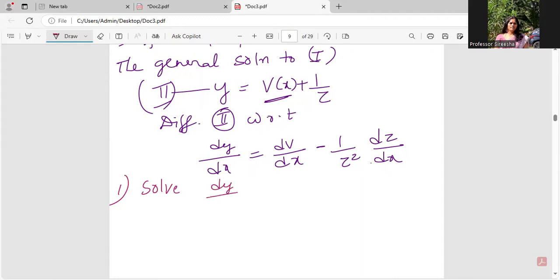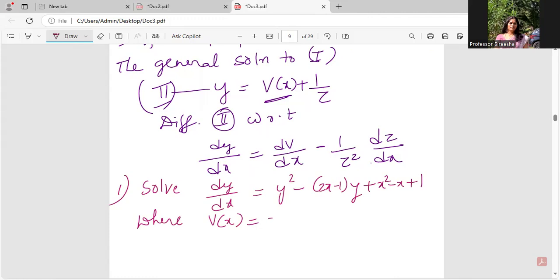Solve dy by dx is equal to y squared minus (2x minus 1) into y plus x squared minus x plus 1, where v of x is equal to x.